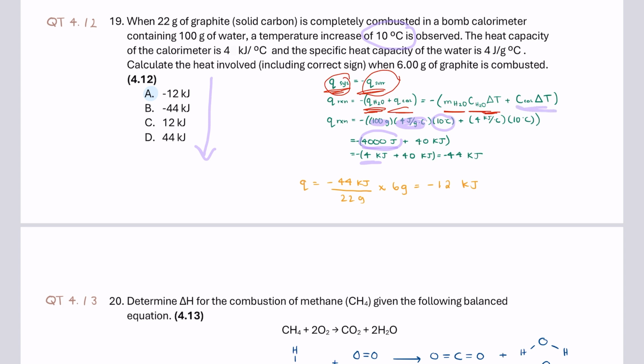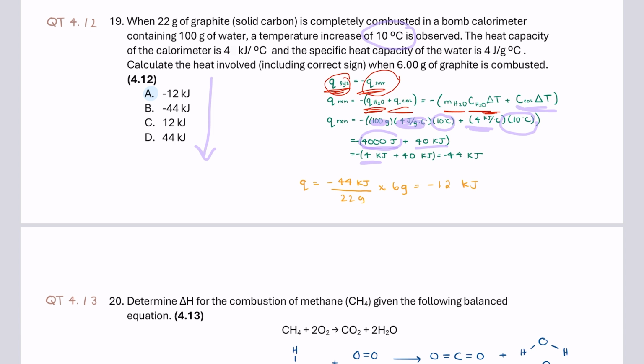Now it's time for us to consider the contribution from the calorimeter. It's treated as a single object with a heat capacity of 4 kilojoules per degree. And since the temperature went up by 10 degrees, we multiply 4 kilojoules per degree Celsius by 10 degrees Celsius to get 40 kilojoules. Now we're going to add both parts together.